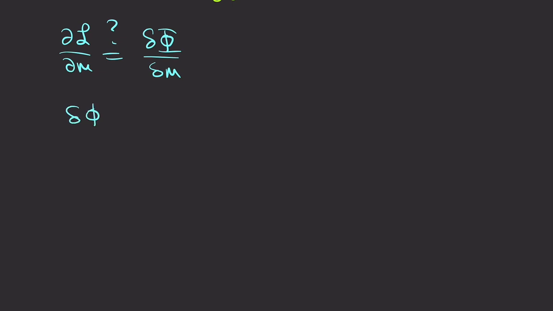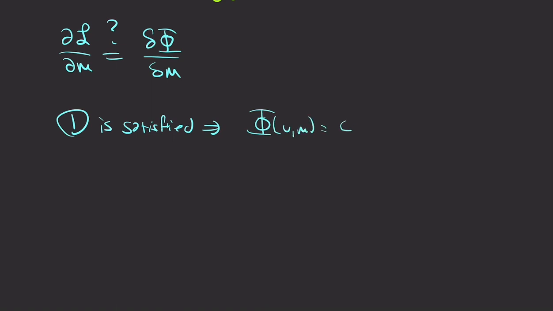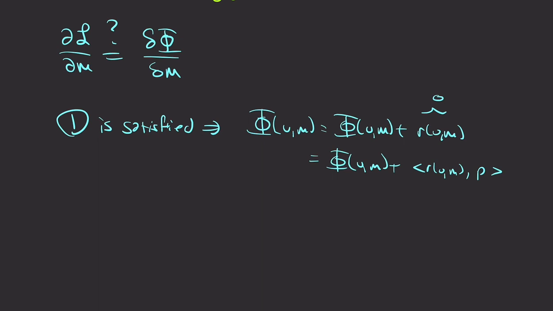So let's compute the implicit dependence. First of all, 1 is satisfied. If we assume 1 is satisfied, phi of u, m is equal to phi of u, m plus r of u, m, because this is 0, dotted into p for any p.